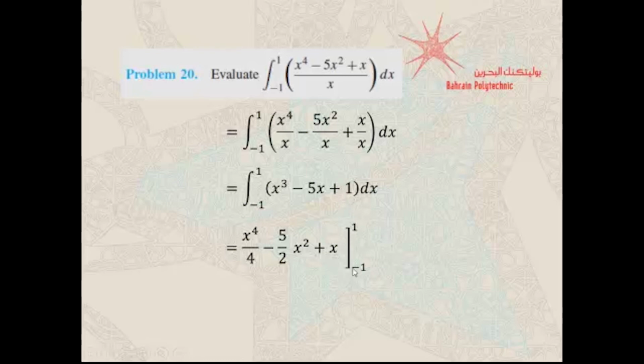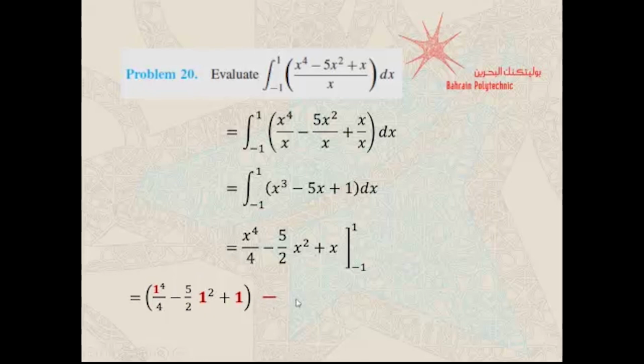And now I am going to evaluate it at the upper limit, then minus evaluate it at the lower limit. So let's do it. I'm going to start with the upper limit. And whenever I see an x, I'm going to substitute it with 1, the upper limit. So 1 here, 1 here, and 1 here. Minus.